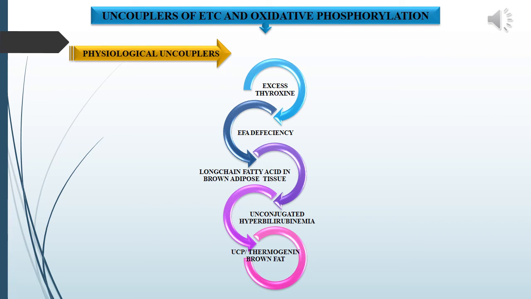Then essential fatty acid deficiency, EFA deficiency, then long chain fatty acid in brown adipose tissue, then unconjugated hyperbilirubinemia, and UCP or thermogenin in brown fat. These 5 physiological conditions will uncouple the ETC and the oxidative phosphorylation process, thereby no ATP is synthesized.